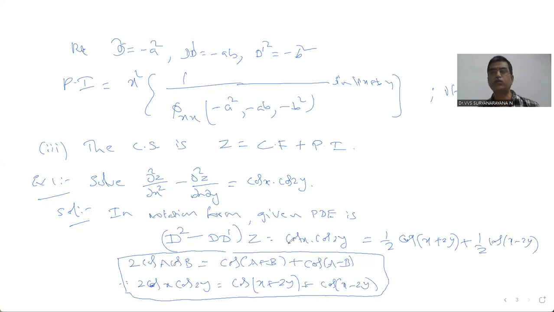Because here there is no 2, we multiply with half and divide with half, so in place of 2 cos x cos 2y we write this. So our differential equation is now (D² − DD')z equal to half of cos(x+2y) plus half of cos(x−2y). Now see, cos(x+2y) and cos(x−2y) both are of the form cos(ax+by), so it comes under this model.